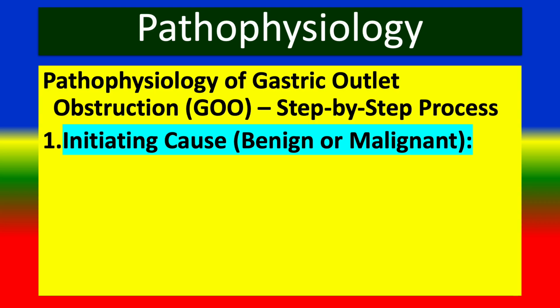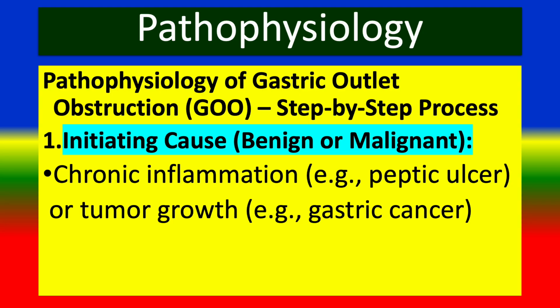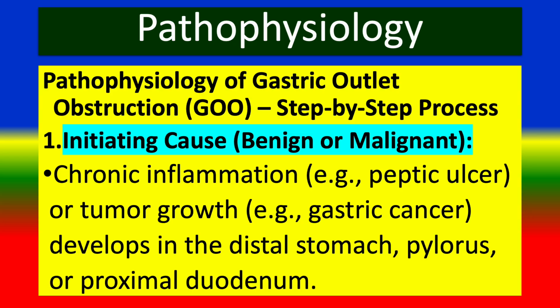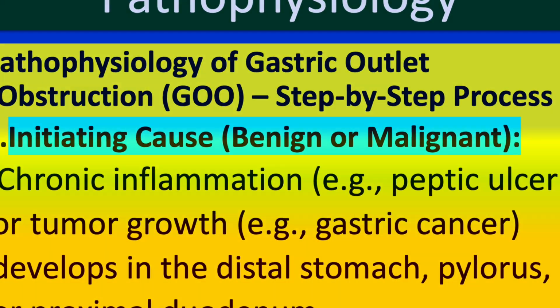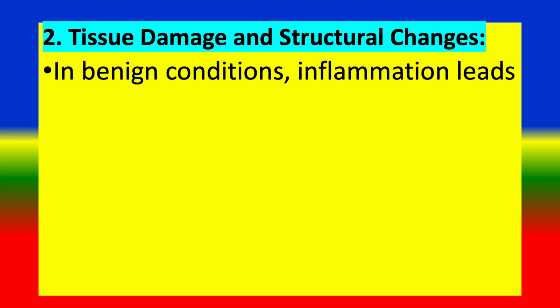Initiating cause, benign or malignant: chronic inflammation, for example peptic ulcer, or tumor growth, for example gastric cancer, develops in the distal stomach, pylorus, or proximal duodenum. 2. This leads to tissue damage and structural changes.